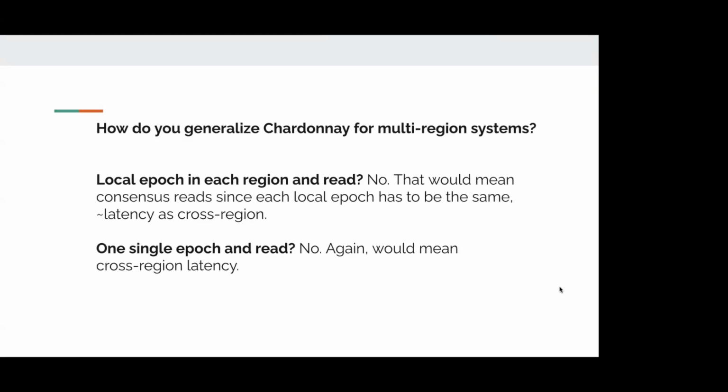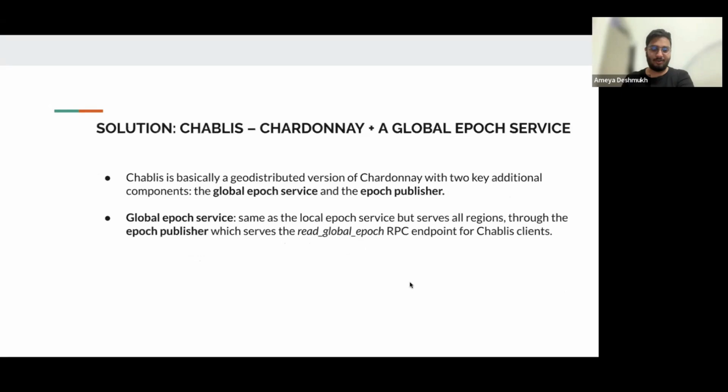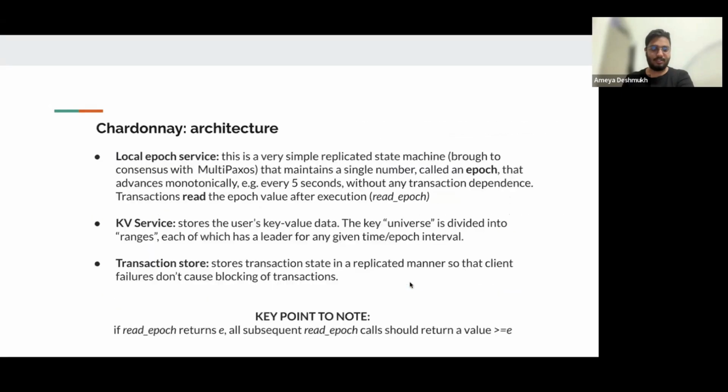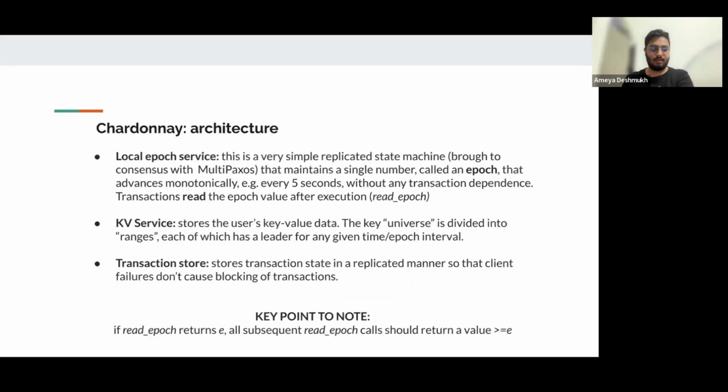So it looks like the epoch service is then only used to correctly find the leader and not to serialize the transactions? No, it is used to serialize. The main goal of the epoch service is to serialize the transactions. I think I didn't cover it in a lot of detail, but the main idea here is that transactions read the epoch after each execution.